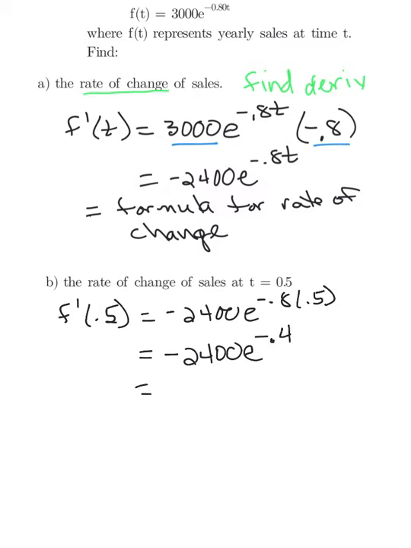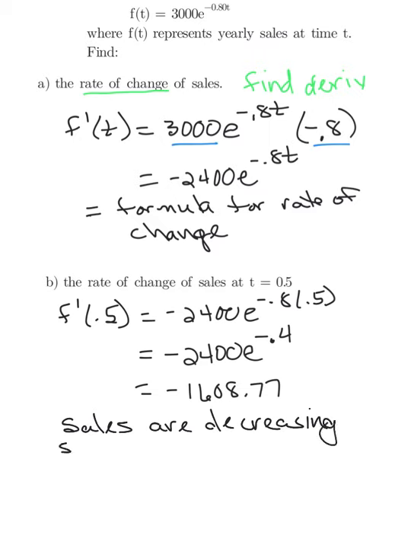Put this all into your calculator and you will get negative 1608.77. What this tells us is that sales are decreasing $1,608.77 from 0.5 of a year to 1 year.